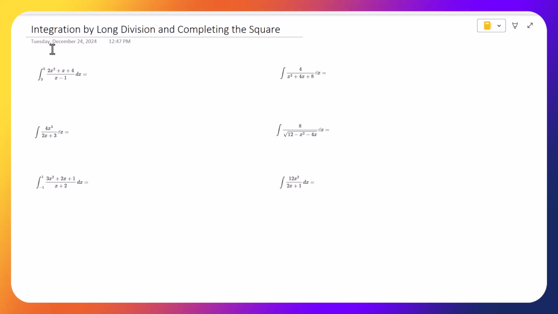And I'm starting with this question here. What is my indicator that I should use long division for this? Well, first off, I'm looking at this. I don't know how to integrate this. It's not just something I can do piece by piece.